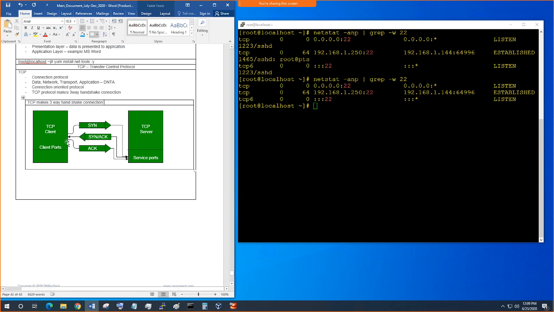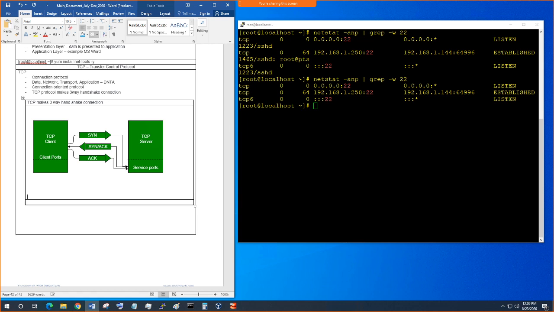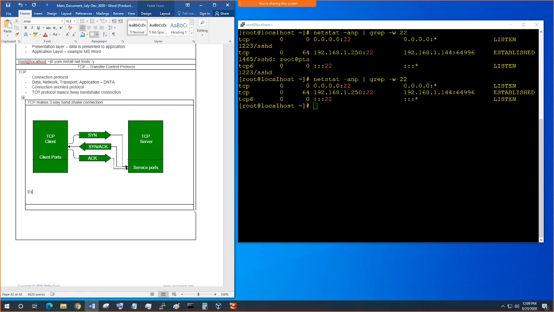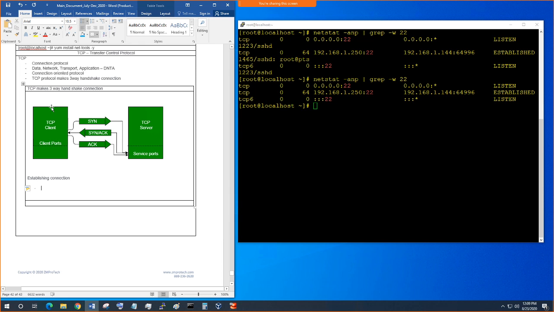Okay, so how is this working here? How is the connection established? When the connection is initiated, the server on the left sends a signal to the server it is making a connection to.